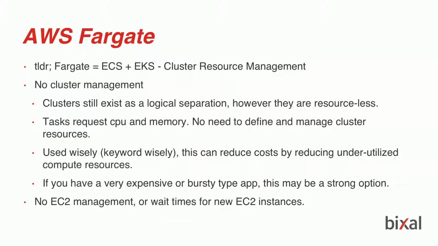Fargate is very much a specific AWS technology. Azure and Google don't have anything comparable to this as of yet, and I haven't heard anything is on the horizon. So you are very much locked into Amazon with this.